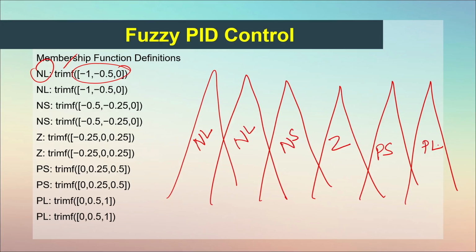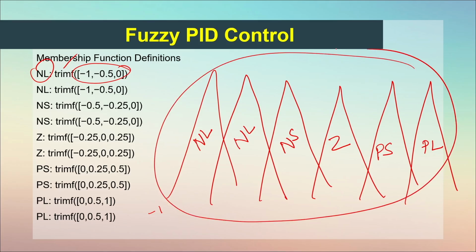This negative small has, see, -1, -0.5 and 0, like that. So, like that you can define all these values. This is the way in which the membership function has been quantified for each and every variable.